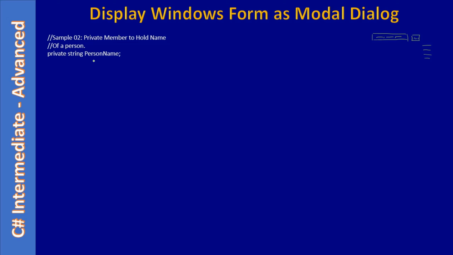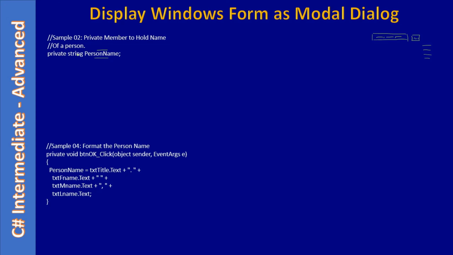So that's why in the modal dialog we will display a field called person name. It's a private string. Then if you see the OK button event handler, we are just populating this person name: txtTitle.Text, then txtFirstName.Text, then a blank space, then the middle name, comma, and finally the last name.